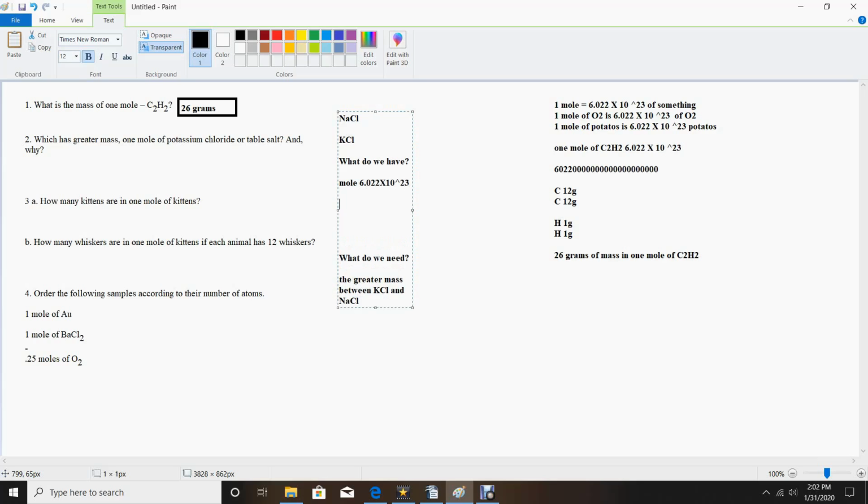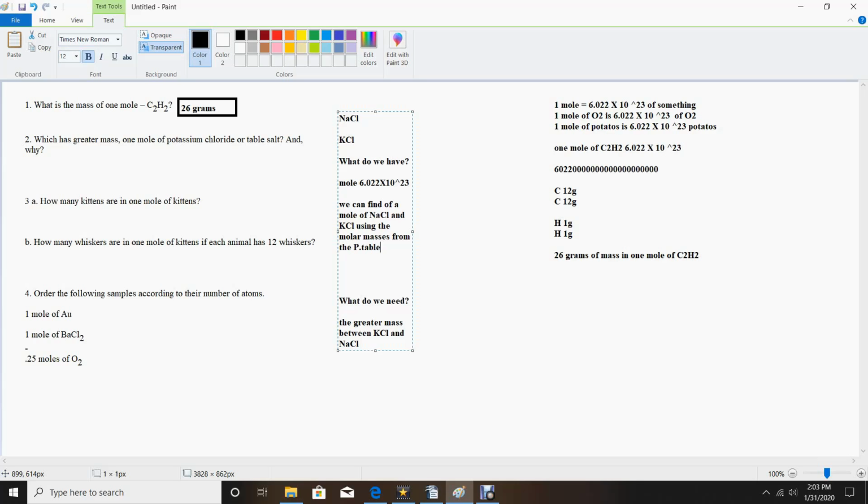We can find the mass of a mole of NaCl and KCl using the molar mass from the periodic table. So once we find those two masses, then we just compare and figure out which one is greater.